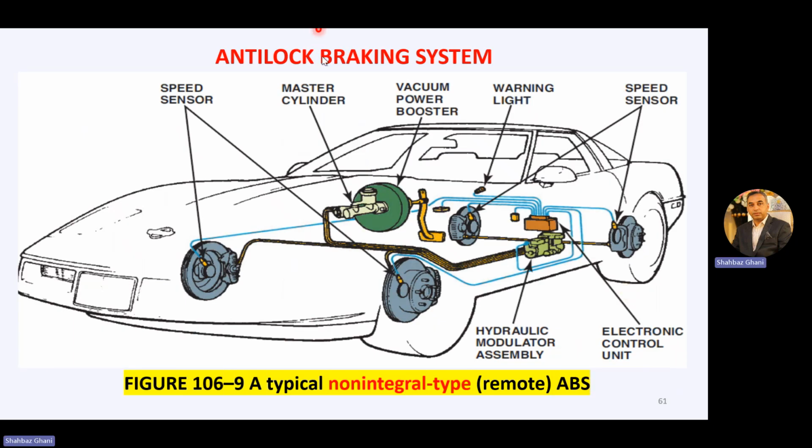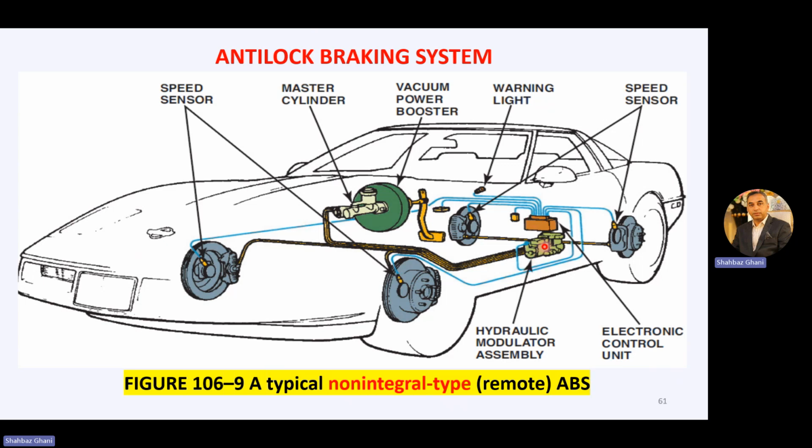So in an anti-lock braking system, a typical non-integral type, we have the brake pedal. From the brake pedal, we have a vacuum power booster, and from the vacuum power booster, we have the master cylinder. Then we have a speed sensor here, and the disc brake at the front, and the signal is going to the electronic control unit.